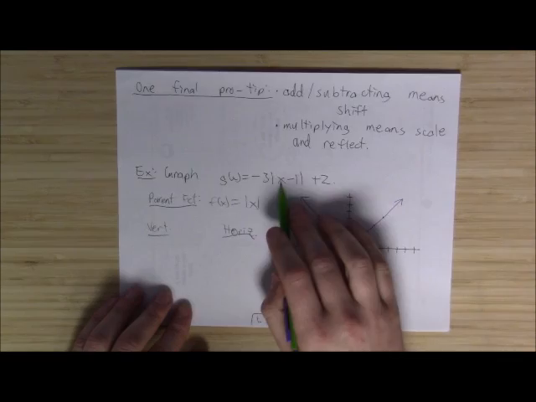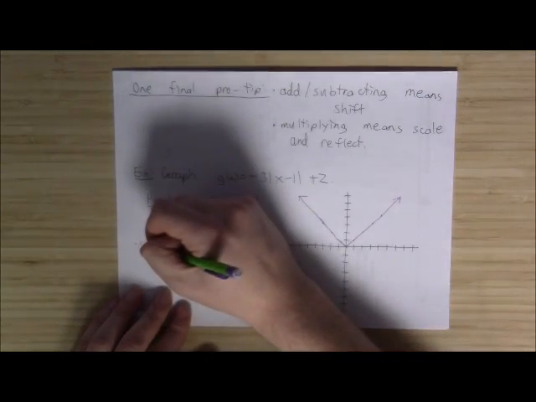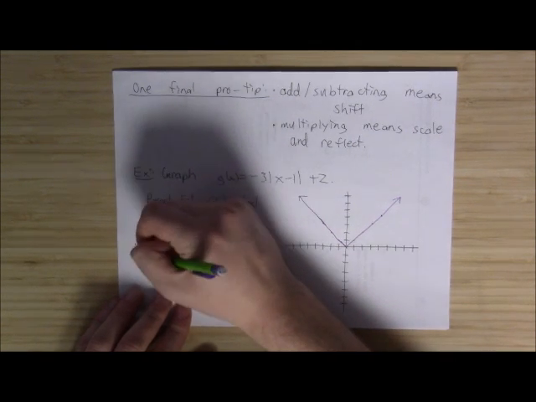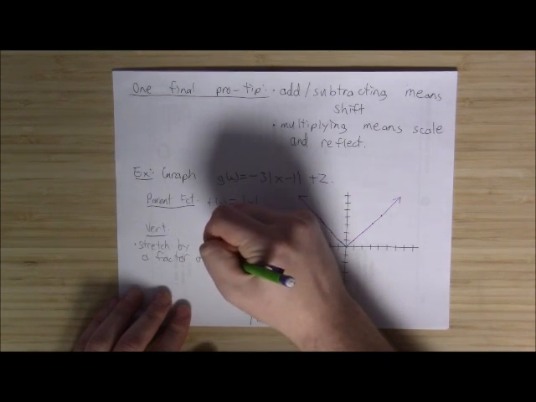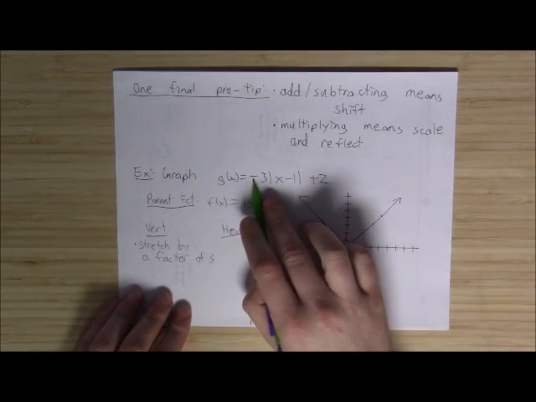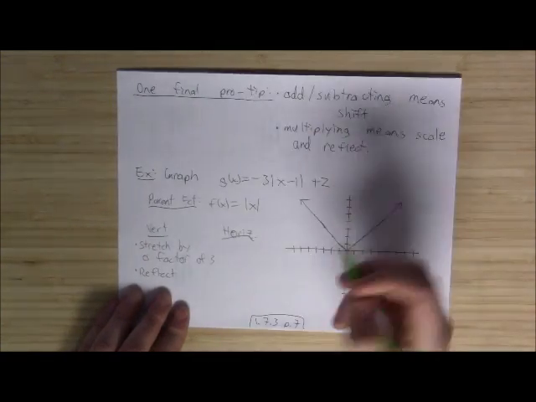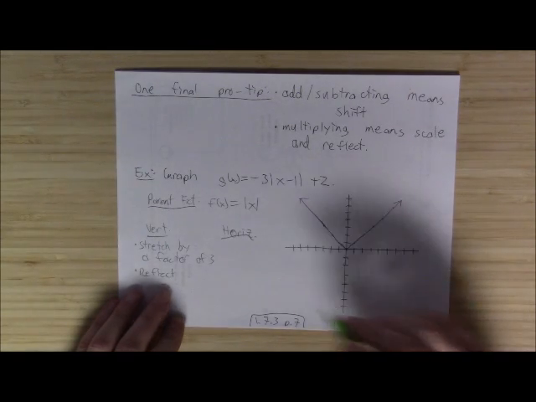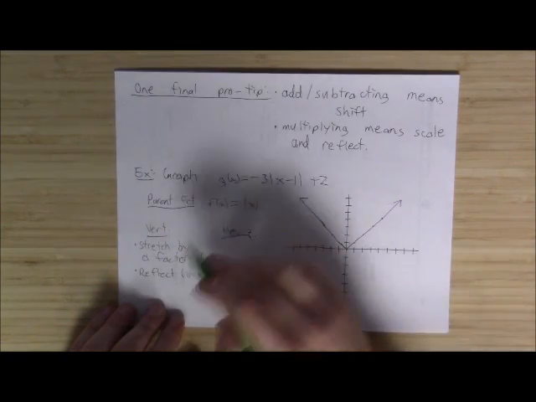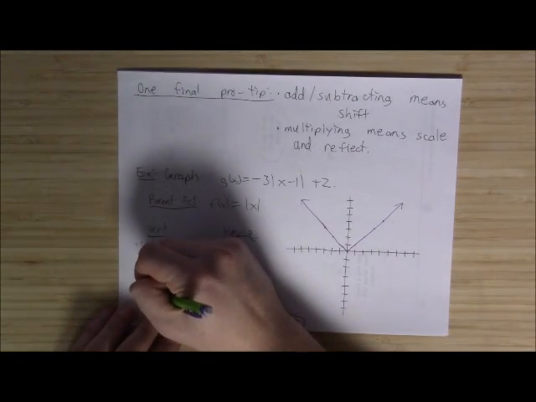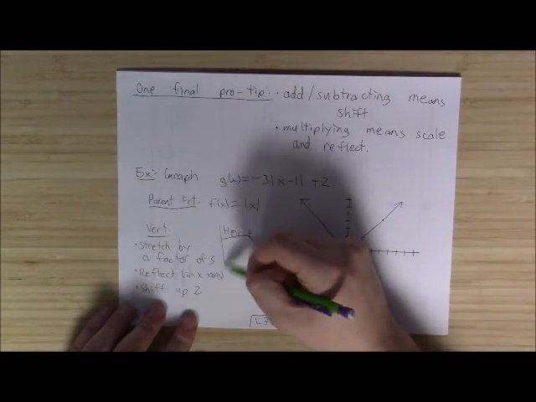So we scale it by 3, which is to say that we stretch by a factor of 3, and then we reflect. Again, that's with respect to the x-axis. And then we shift up 2.